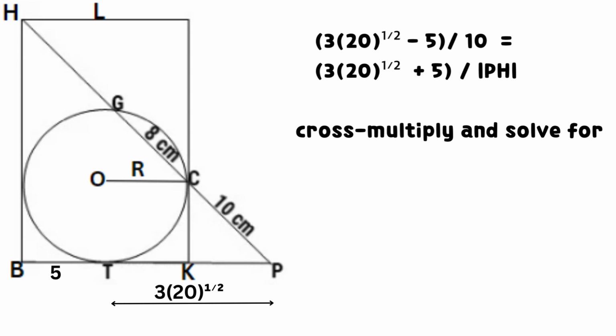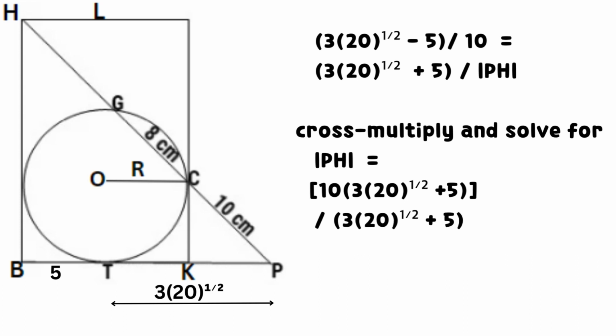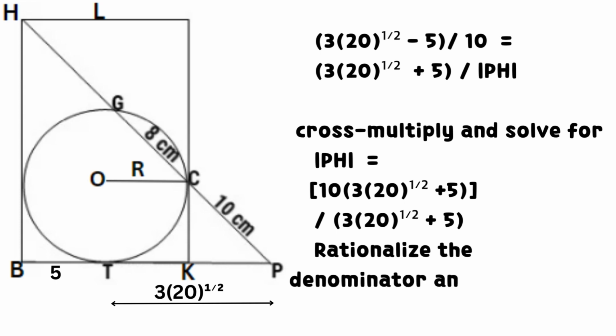After substituting values, cross-multiply and solve for line PH as shown on the screen. Length of line PH equals the ratio of 10 times the sum of 3 times the square root of 20 and 5 to the sum of 3 times the square root of 20 and 5.